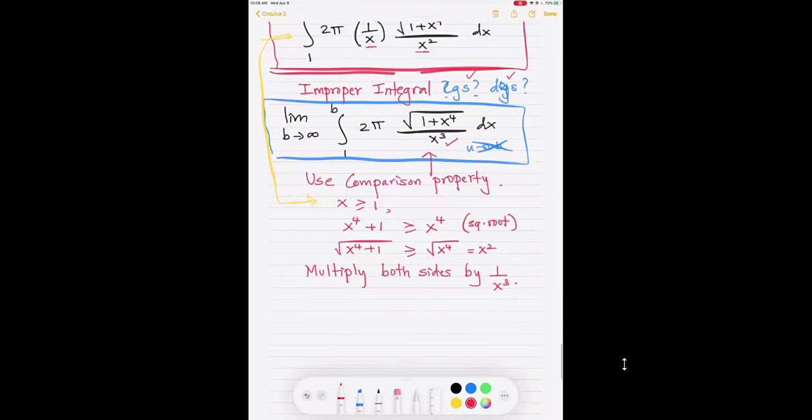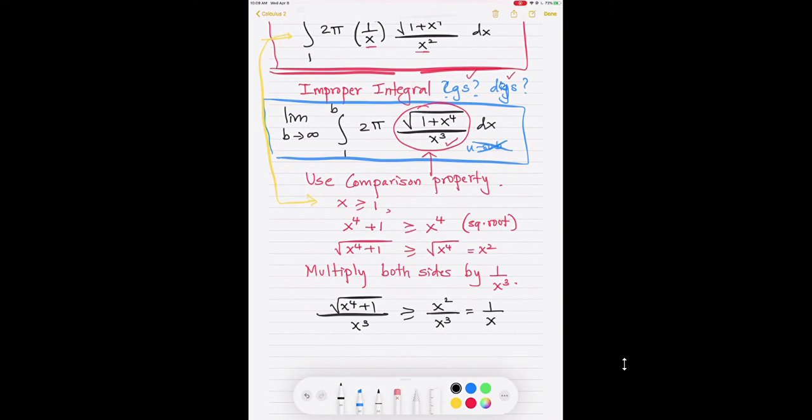Why that one? Because again, I'm building this structure. So I get square root of x to the 4 plus 1 is greater than or equal to x squared over x cubed, which is 1 over x. So far so good.